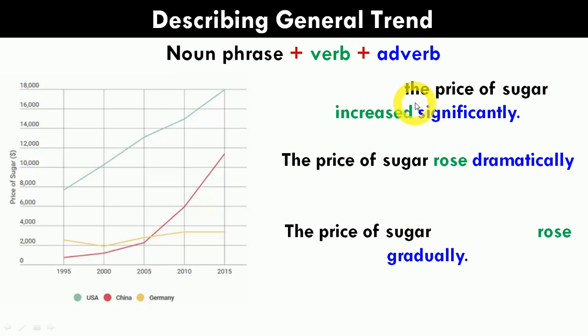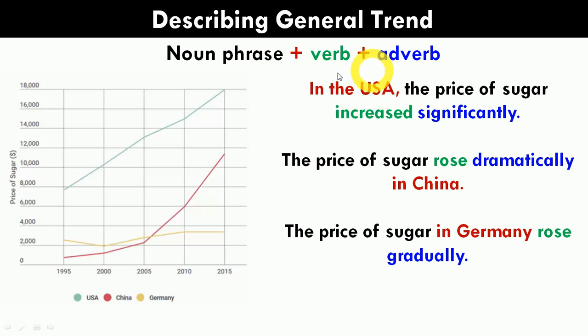Alright, so we have these sentences ready, but guys, when we are writing the actual answer, we have to put the data of countries as well. So we have three different ways to put the name of countries in these sentences. So first option is like this. In the beginning you can write like this, that in the USA, then punctuation is important, guys.